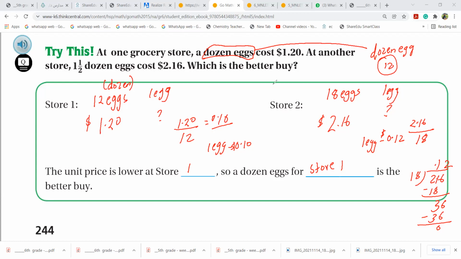And here, because 1.5 doesn't mean 1. Half means 6. 12 plus half means 12 plus 6, so that is 18. This is 1.5 dozen. Okay, girls? Any questions?